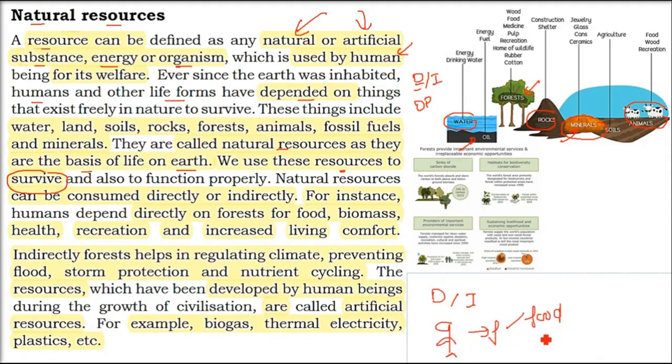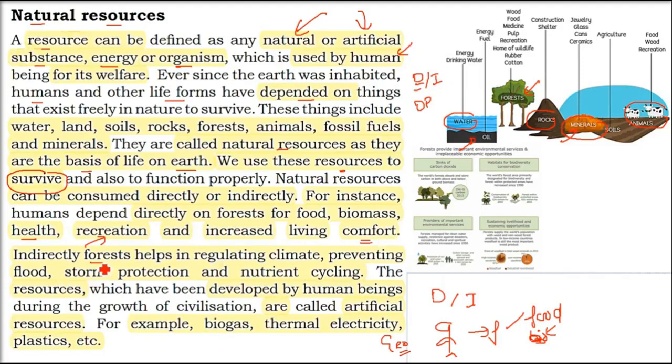Forest is giving us biomass, that is the tree, plant, etc. For various medicinal purposes, we need the medicinal content from the forest for health. For recreation, we go to forest safari, jungle safari. And we need comfort also, we need luxury also.